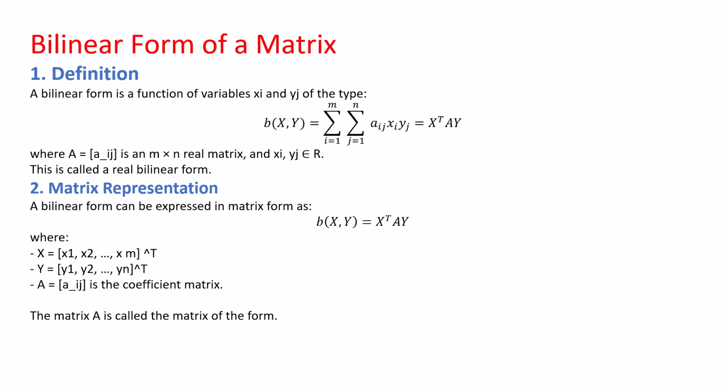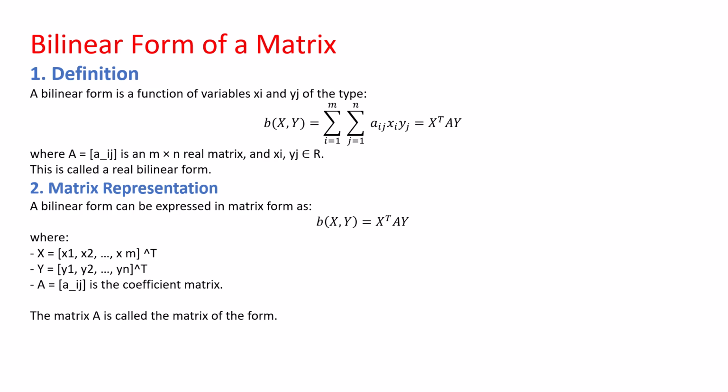This bilinear form is a function of variables xi and yj of the type b of x comma y, equal to the summation from i to n of xi, then the summation from j to n of yj, which is given as x transpose A y, where A is the coefficient of the functions.